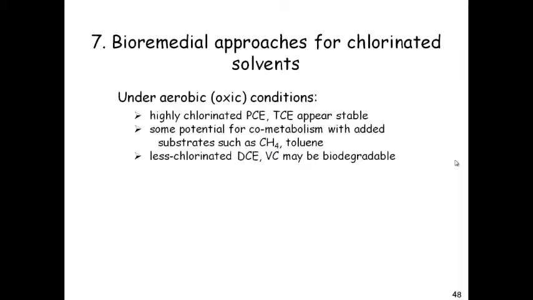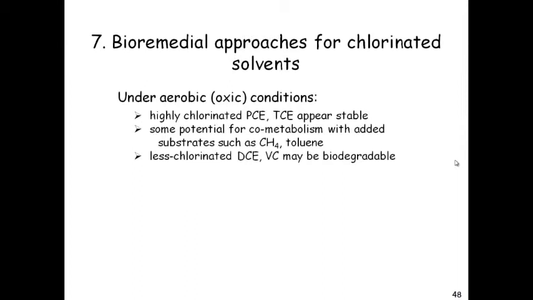Well, what approaches could we use for chlorinated solvents specifically? If we have aerobic conditions or wish to stimulate aerobic conditions, we could expect that the highly chlorinated compounds, PCE and TCE, won't degrade. There's some potential, so we could add things like methane and toluene.